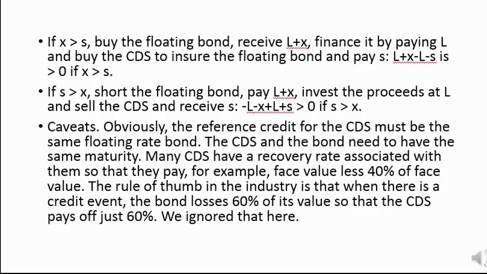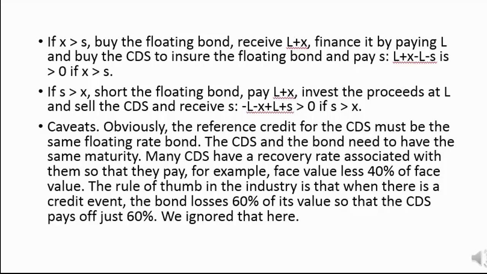We need to make sure the credit default swap and the bond have the same maturity. And as an aside, if you look carefully at the way credit default swaps work, when there's a credit event, rarely do you lose 100% of the credit value. In other words, bondholders or people who buy loans don't lose 100% of their investment if there's a credit event.